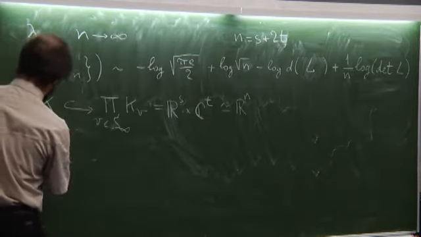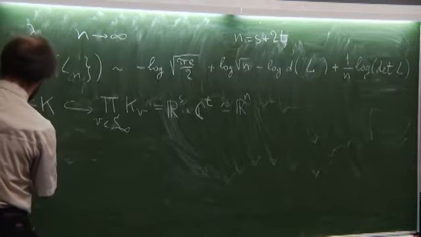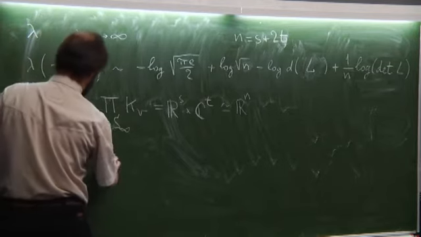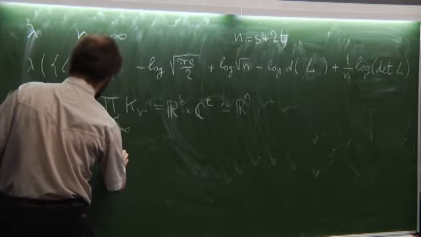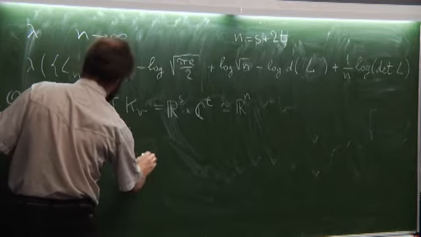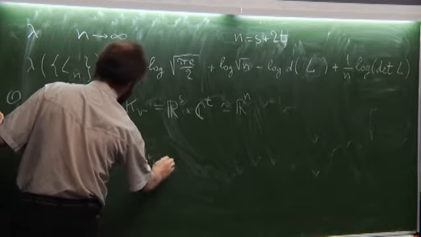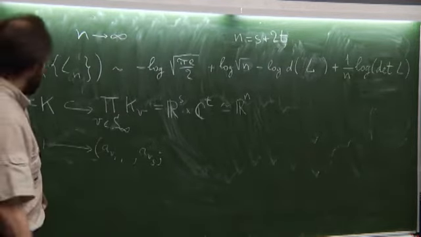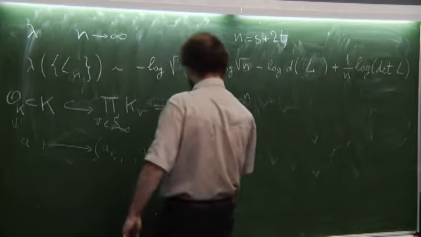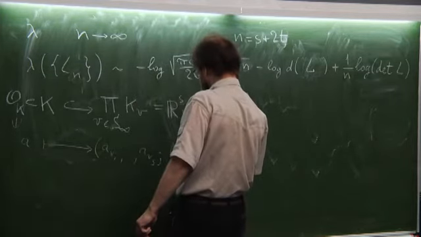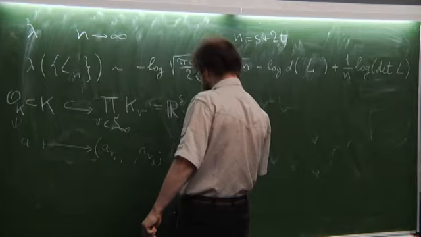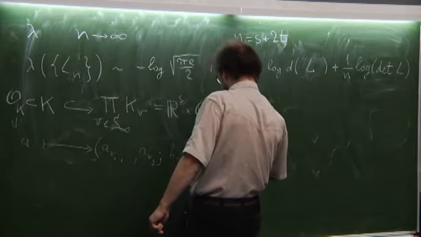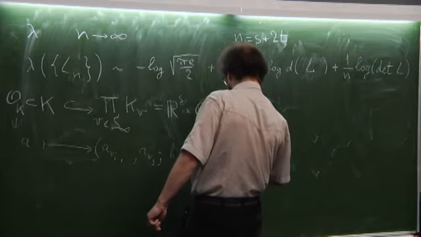If I take an element a here, then what is it mapped to? I'll map it to a_v1 and so on up to a_vs, and then I have complex values, b_vs+1 plus i c_vs+1, and so on.